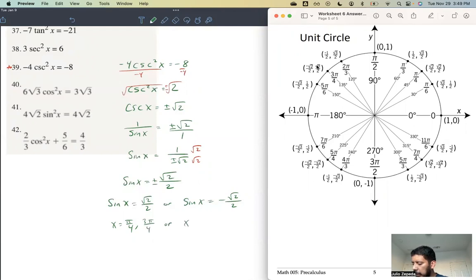Or the sine of x equals negative square root 2 over 2. That would be 5 pi over 4. And then here's another y value of negative square root 2 over 2. 7 pi over 4. And there we have it, our 4 solutions. All right, a lot of pi over 4 is coming up today.